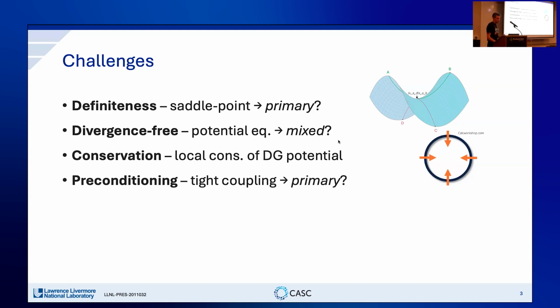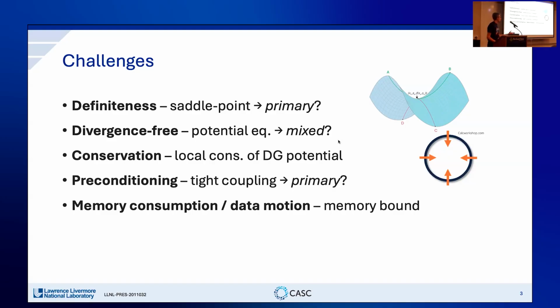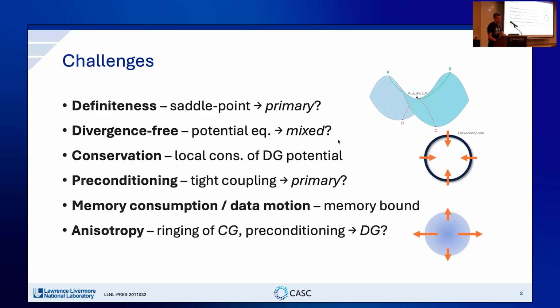Maybe we need to deal also with preconditioning. We have tight coupling between the equations. It's not that easy to precondition that mixed system. Also memory consumption or data motion. We want to avoid memory-bound computation.